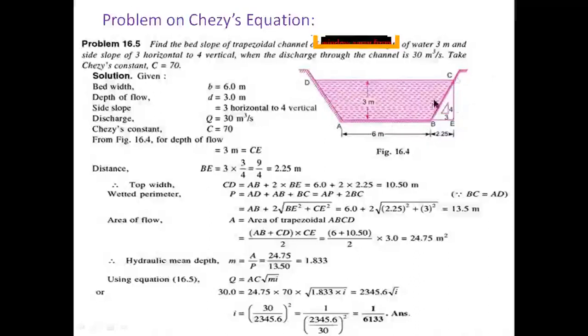Now we need to find the value of BC. For that, using Pythagoras theorem, BC is root of BE square plus CE square.